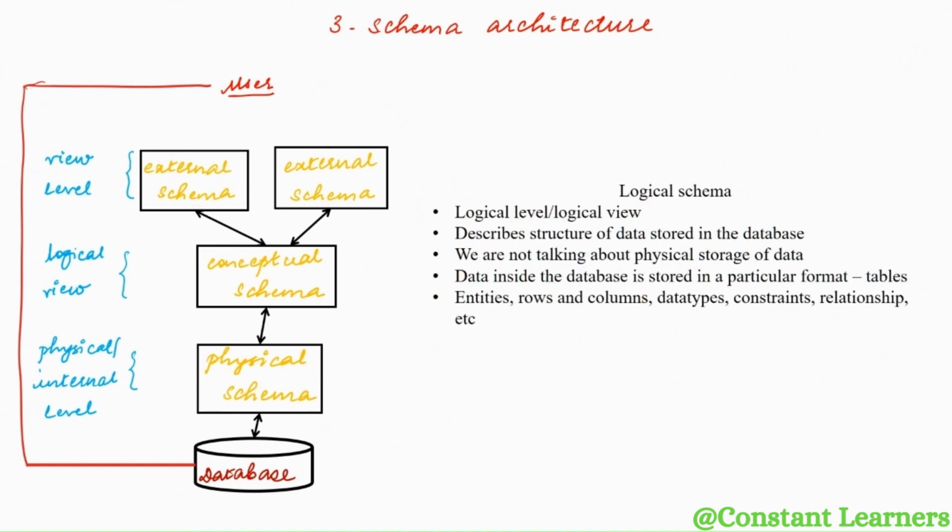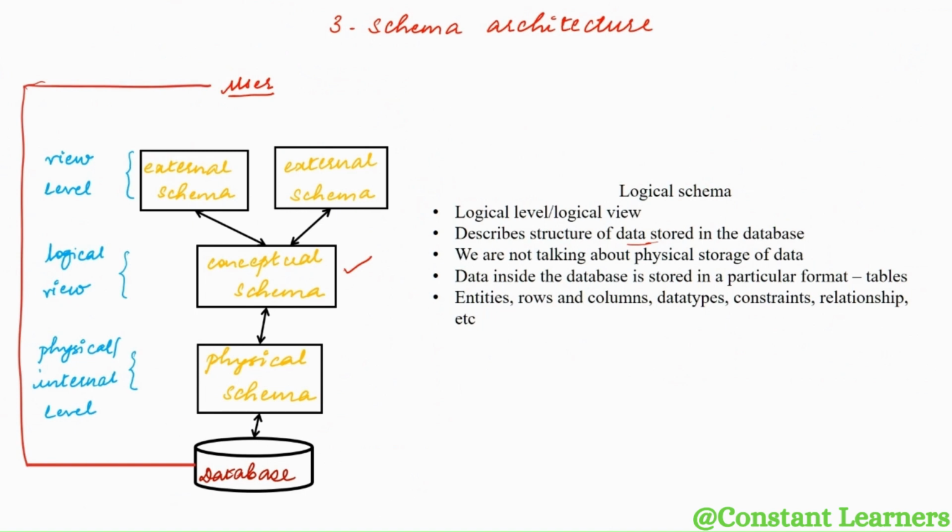The next is the logical schema or the conceptual schema. Conceptual schema is also known as logical schema, logical level or logical view of data. Now, this describes the storage structure of the database, that is, the structure of how the data is being stored inside the database.